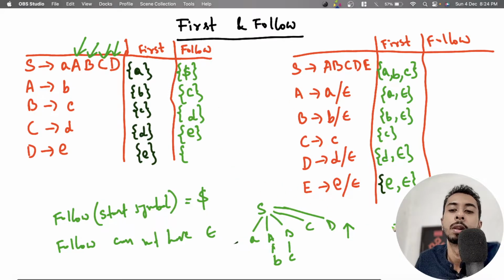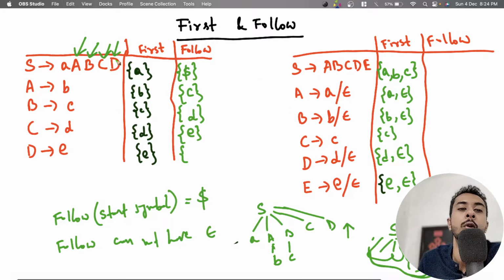Because for example, I have something which is being derived by this S. So after D, whatever comes, meaning we have already derived the entire S, right? So whatever is present after D is present at the end of S. For example, say dollar is present. So S dollar was the actual thing. So whenever D is finished, what is present after D? It is dollar. Because this entire thing can be replaced by S, that means the follow of D is also the follow of S, isn't it?